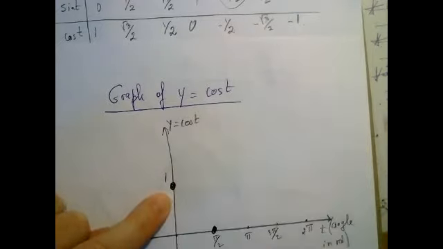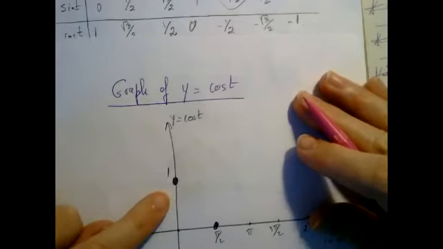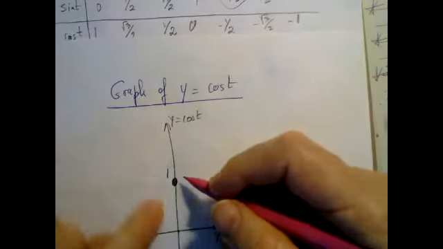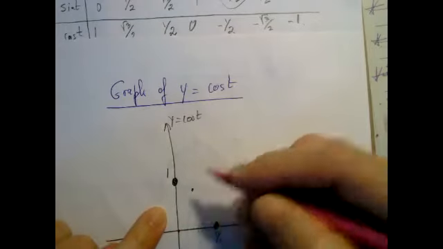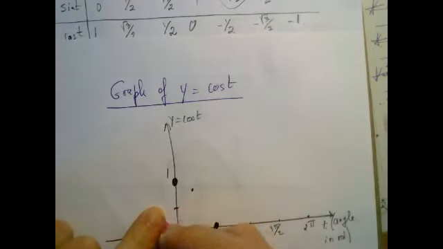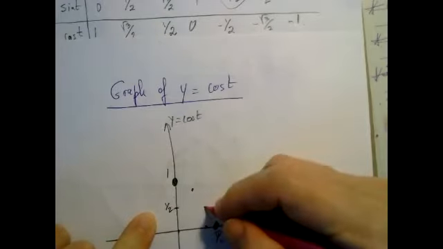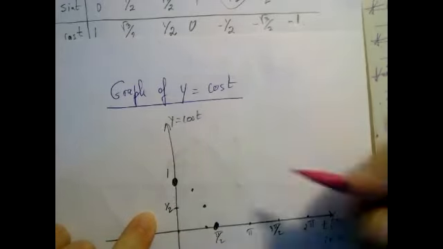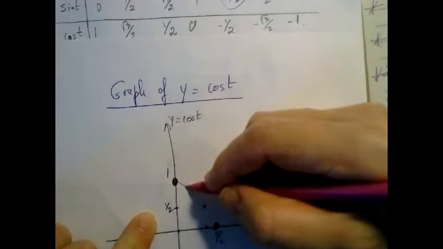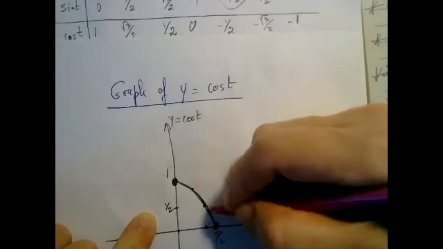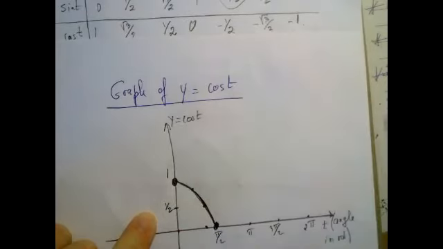At 0 it's 1, at pi over 2 it's 0. And what is it doing in between? It's square root of 3 over 2, about 0.7, and then it takes the value a half at pi over 3. So the value of the cosine decreases up to here, it gets smaller.